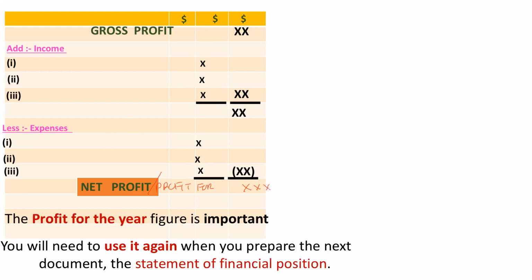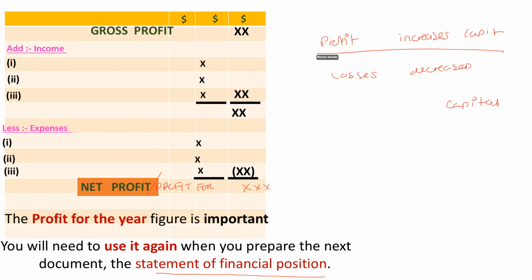Why? Because we will use this figure again to prepare our next document, that is the statement of financial position. You should already be aware by now that profit increases capital, losses decrease capital.